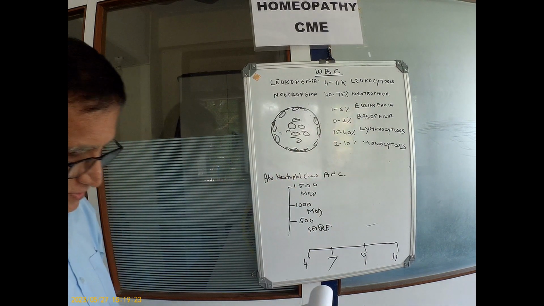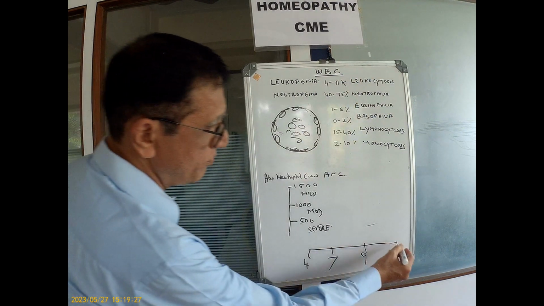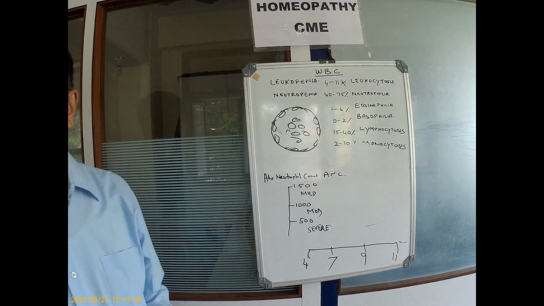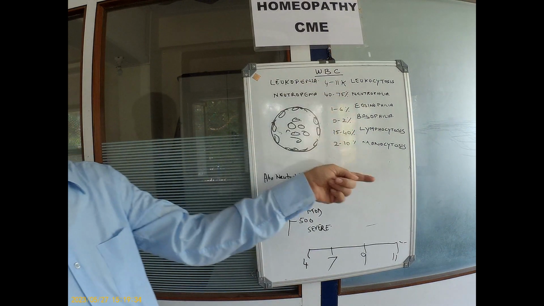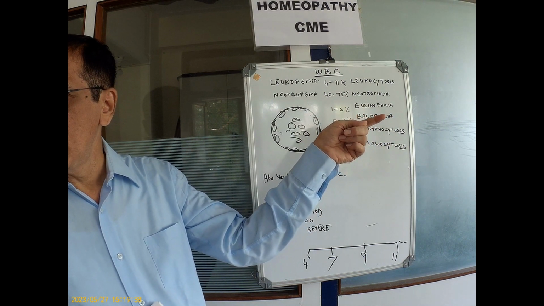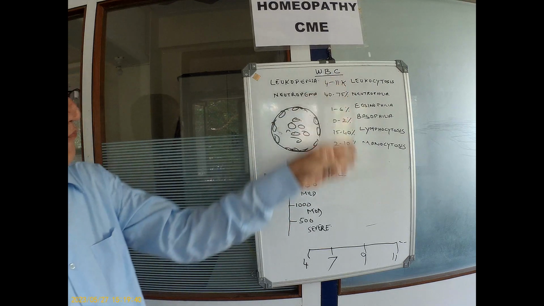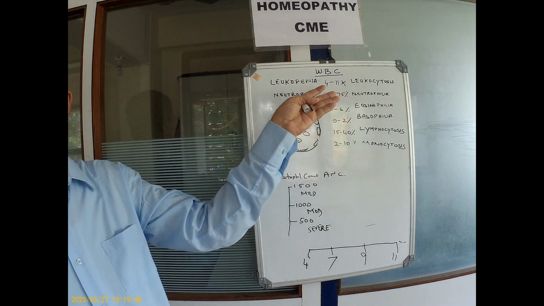So you have this thing. Now, once you have this increased count, it has gone beyond 11. Now you look at which of the cell lines has increased, which percentage has increased. So you will see what has caused this, and most often it is the neutrophils which have increased.